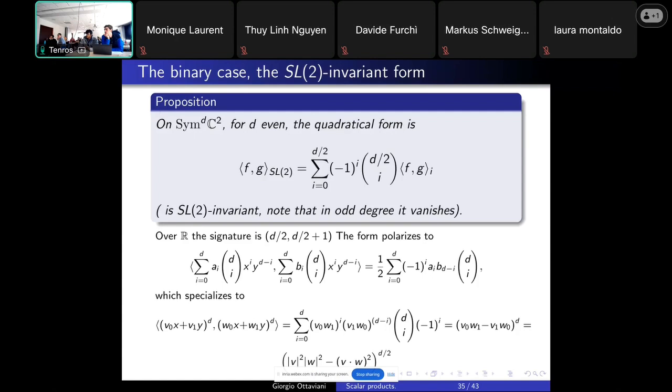So if you have v1, ..., vk and w1, ..., wk, you construct a big gamma matrix.